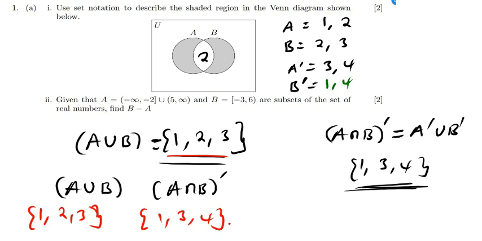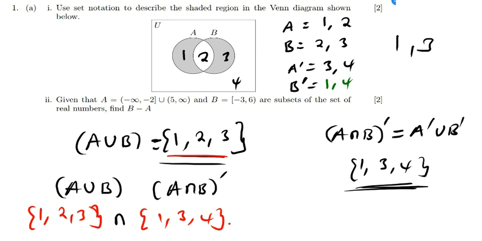Now I can clearly see that the shaded part is just excluding A intersection B. So if I put intersection inside, initially the answer is 1, 3 and 4, but I'm supposed to get just 1 and 3. That's all.